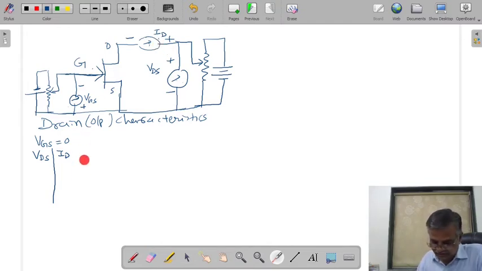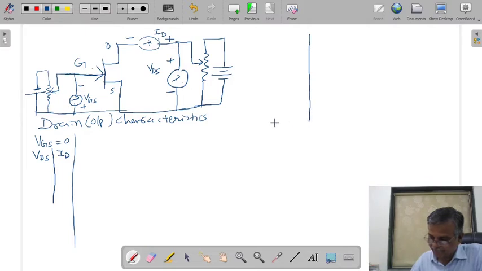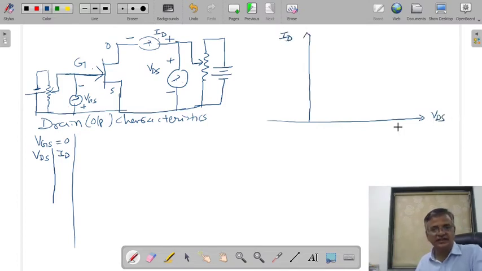The graph of drain current versus VDS is shown in the figure. So I am showing you the drain current versus VDS graph. I am changing this value and noting it for VGS 0.